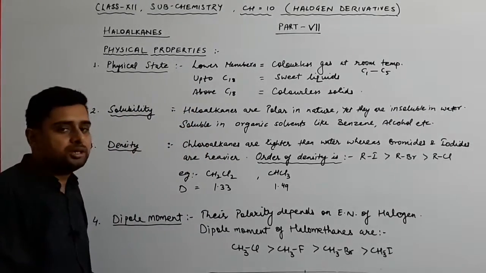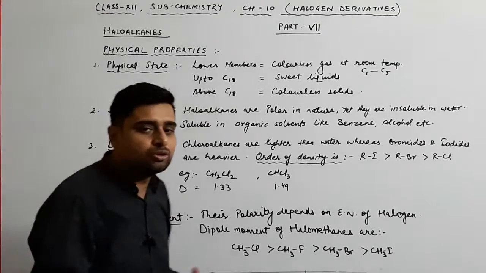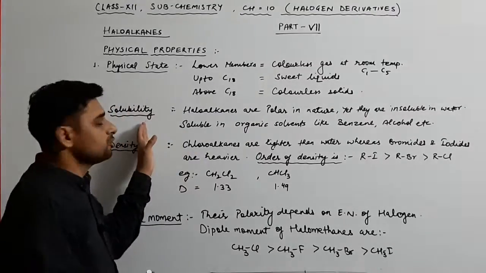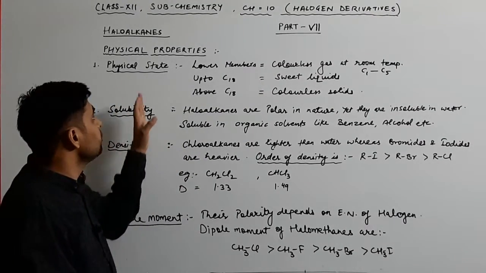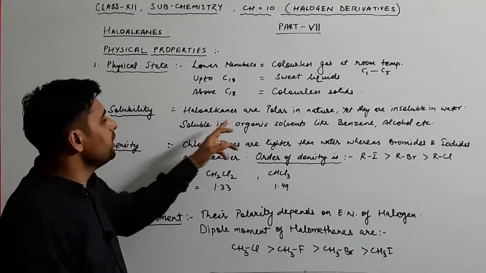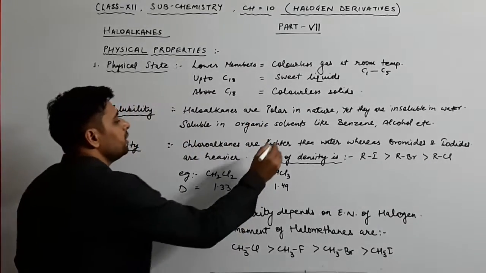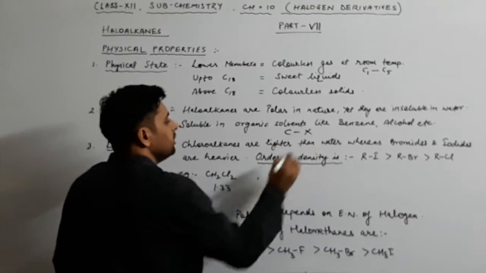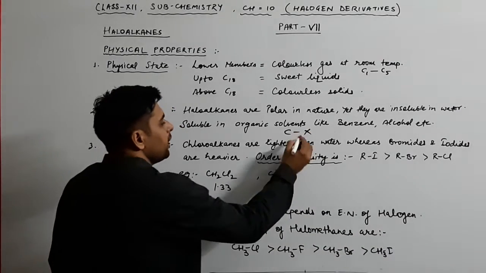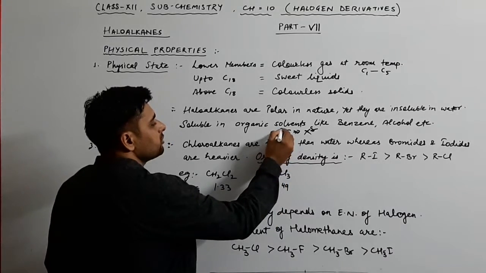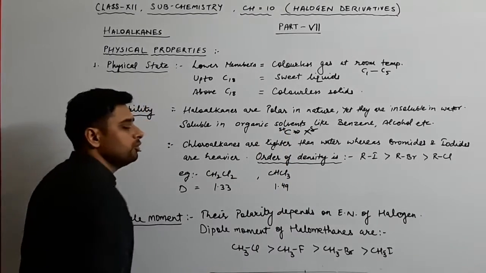What is solubility? Solubility is the amount of substance dissolved in a liter of water. What is the solubility of haloalkanes? Haloalkanes are polar in nature. See, this is a haloalkane compound, and X is more electronegative, carrying a partial negative charge, and carbon carries a partial positive charge.